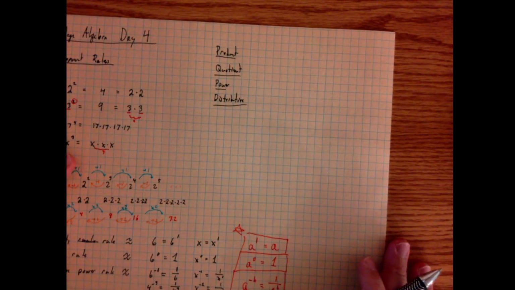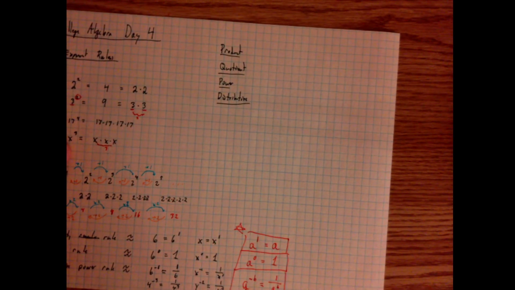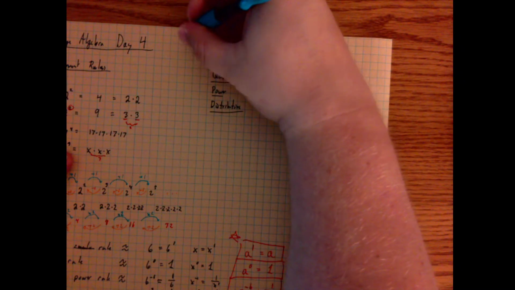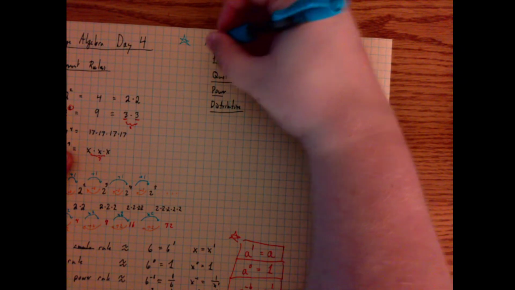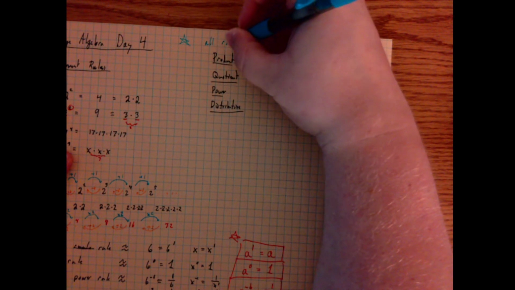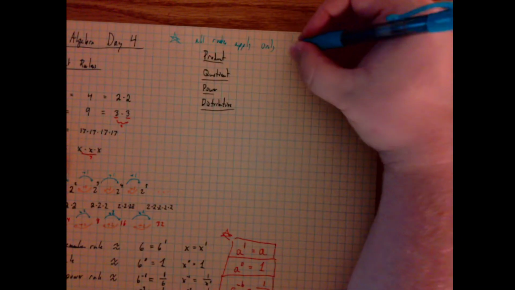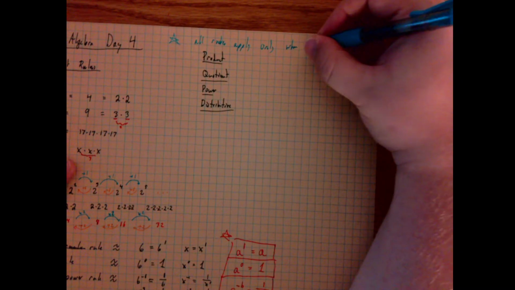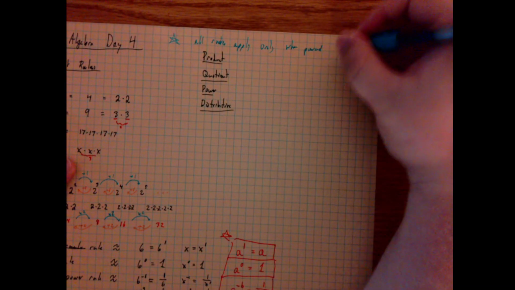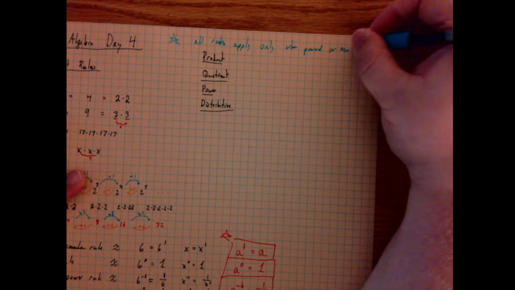Before I do that, I need to make a special note here, and this one's the big one, the big star for the day. All of these rules apply only when powered or multiplied.